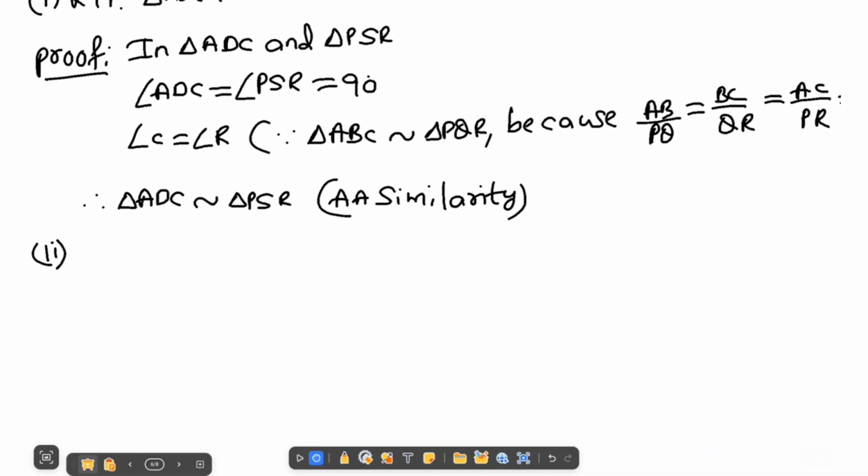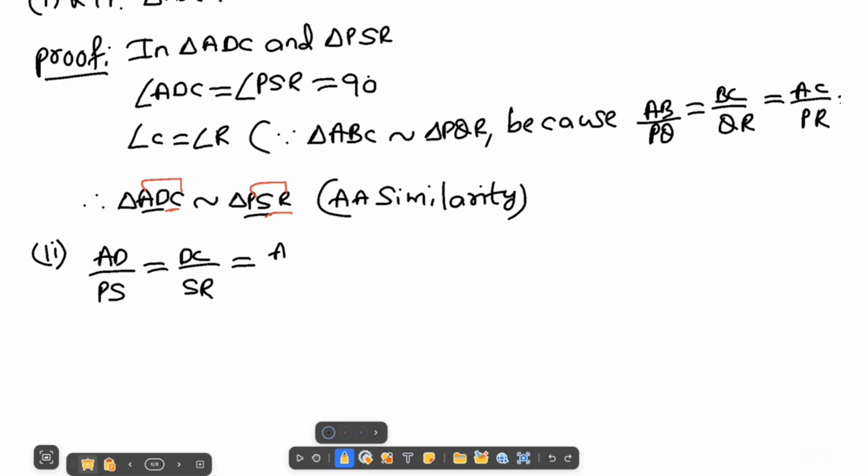We know that when these two triangles are similar, their corresponding sides are proportional. We can write like this: AD by PS is equal to, corresponding sides are proportional, DC by SR is equal to AC by PR.